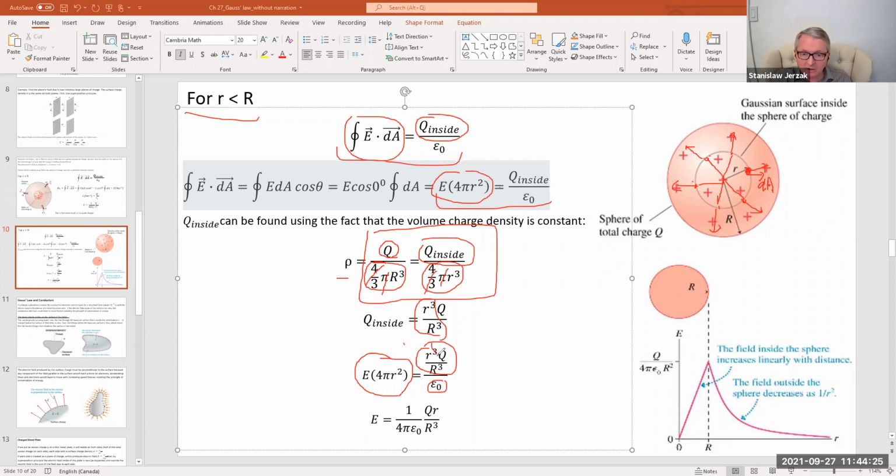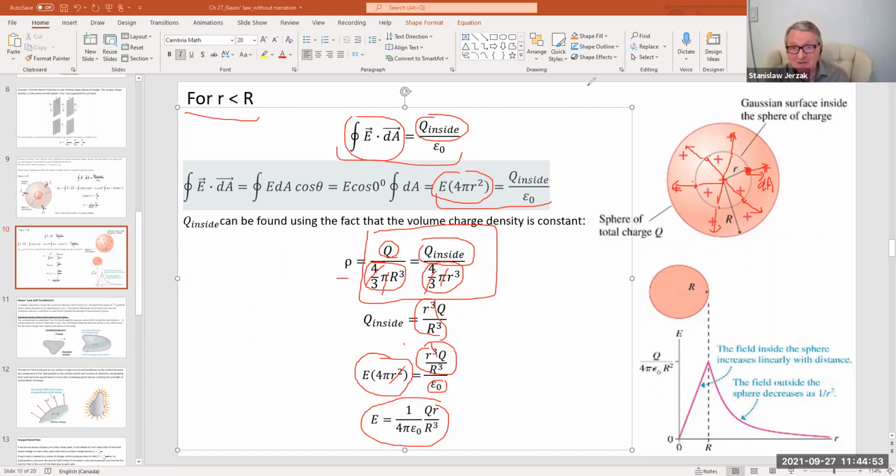That r cubed and this r squared I simplified, so only one lowercase r is remaining. So it would be lowercase r times Q divided by 4 pi epsilon naught capital R cubed. So this is the result for the electric field inside of the spherical sphere of charge, I should say.